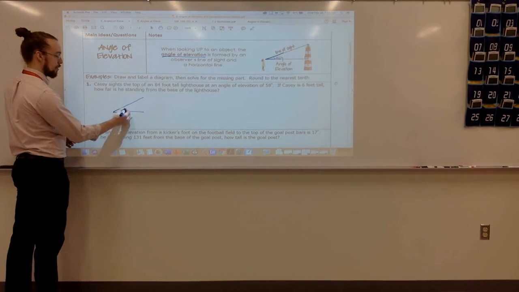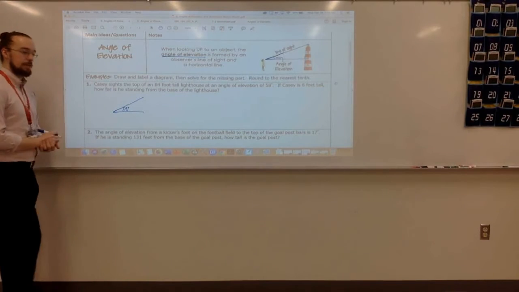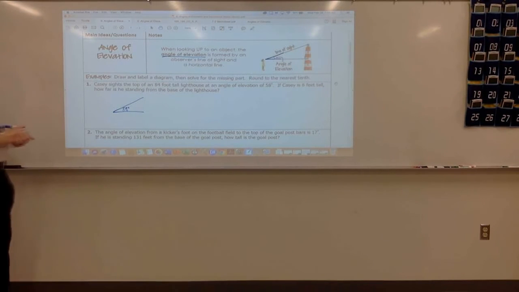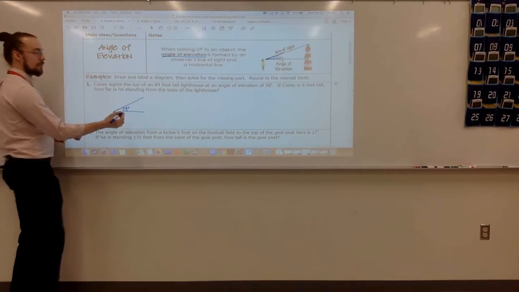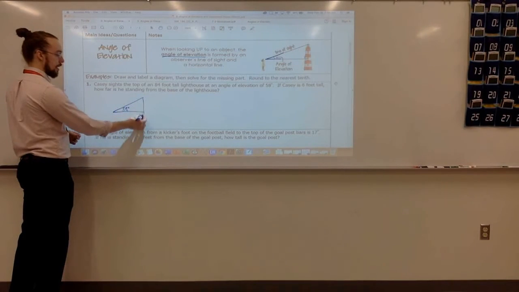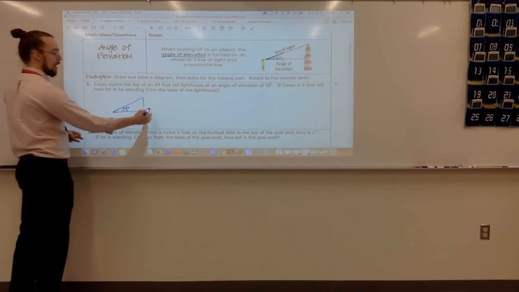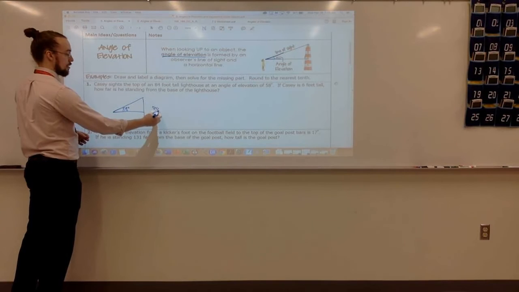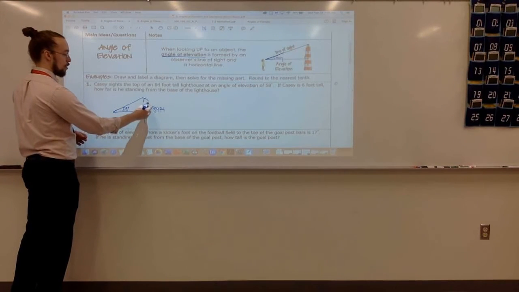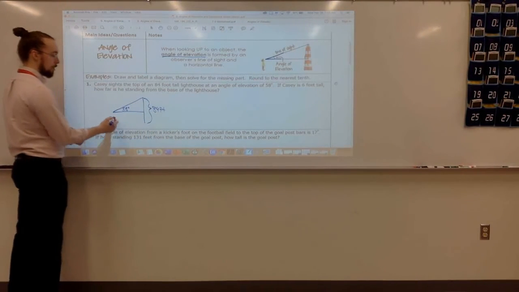So this angle here is going to be 58 degrees. The entire height of the lighthouse is 84 feet. Right, so this whole height here is 84 feet.